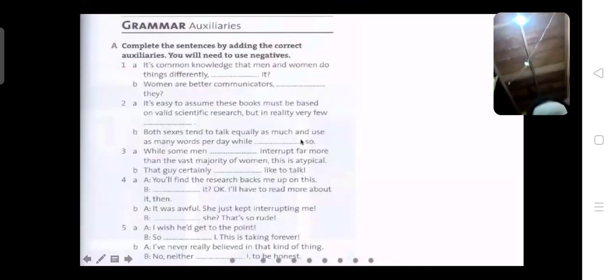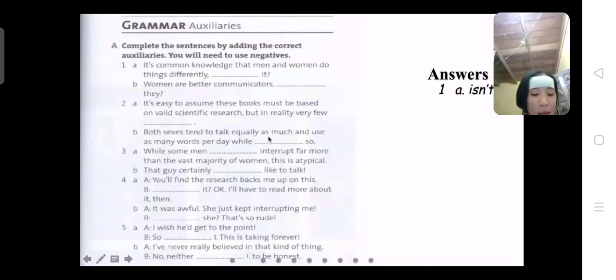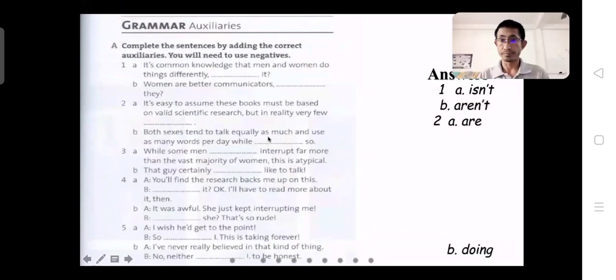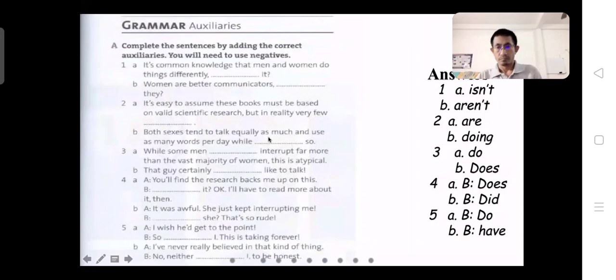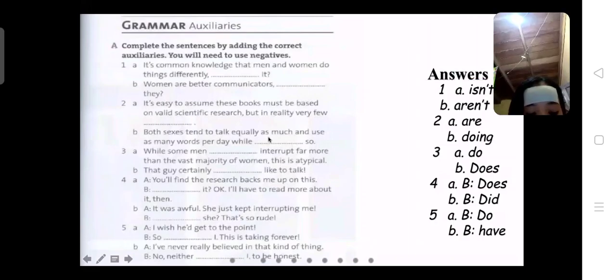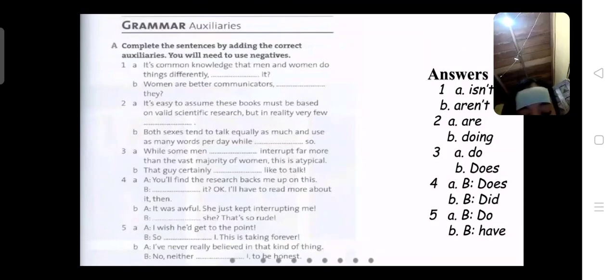Okay. Yeah, you can read the answers here. For the exercise A, complete the question by adding the correct auxiliary. You will need to use negatives. Number 1. A: It's common knowledge that men and women do things differently, isn't it?